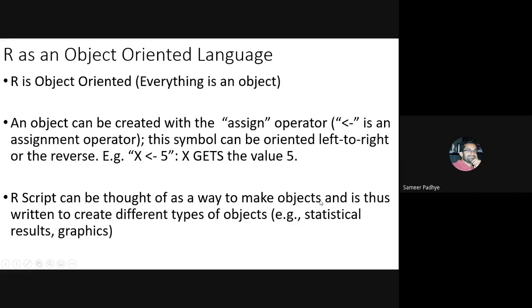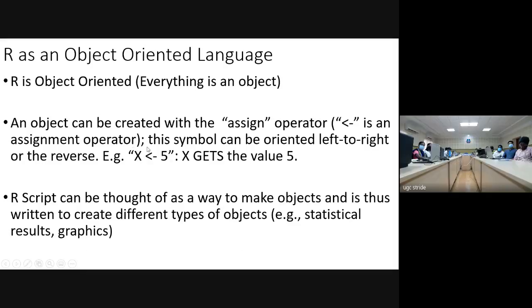As I said, R is an object-oriented language. So how do you basically create these objects? You create these objects with the assign operator. We talked about operators, right? The assign operator is this arrow. This is called the assign or assignment operator. Now, how do you read this? If you look at this example, you have a variable named x.